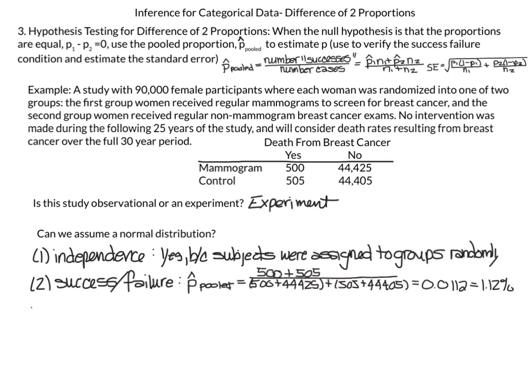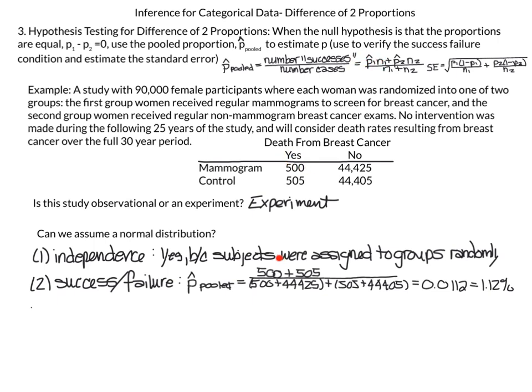And the second thing we need to look at is success-failure. Now we need a P pooled variable for our success-failure. So P pooled is equal to P1 hat times N1. We actually haven't calculated P1 hat, and the reason is, remember, this P1 hat times N1 is just equal to the number of successes for the first group.